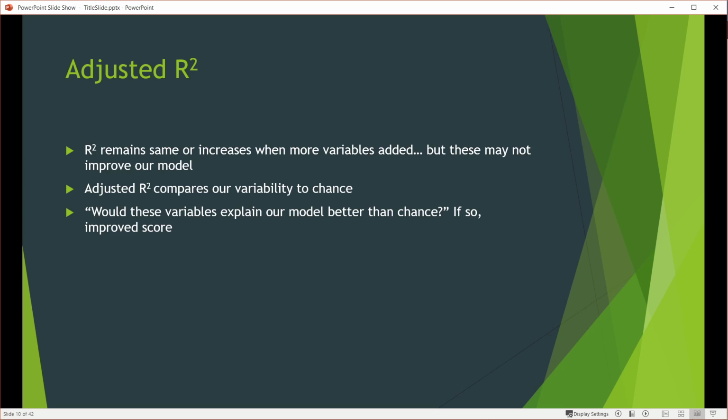So in other words, how well does adding this new variable improve our model versus how just leaving it up to random chance would? So if the variables explain our model better than chance, we're going to get a better adjusted R-squared. It's entirely possible to get a very high R-squared and get a very low adjusted R-squared. So if you get a very low adjusted R-squared, that tells you that the variables that you've added have not added much value to your model.